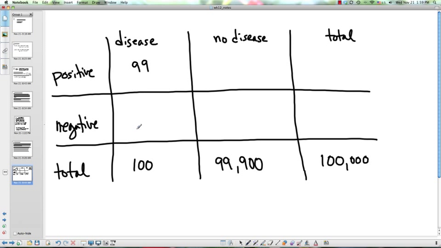Right? 99 of them would test positive, and the test would miss one person. They have the disease, but the test was only 99% accurate. So this is a false negative. Now it was 99% accurate as well in identifying the people that don't have the disease.